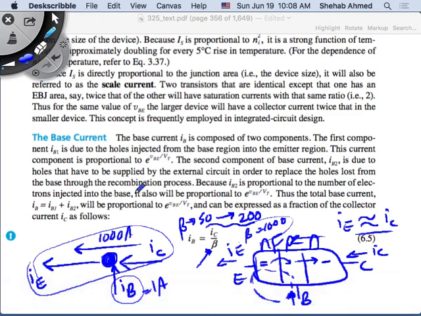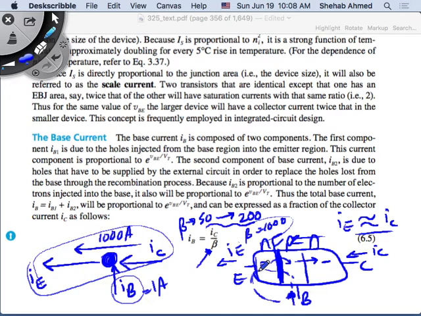It's a control signal. It's because the junction is forward biased. Since the junction is forward biased, it's a diode. The current will flow between the two terminals of the diode. How much current will flow? Go back to the PN junction. Current will flow in the PN junction due to diffusion. The diffusion of the electrons from this side to that side, holes from this side to that side.